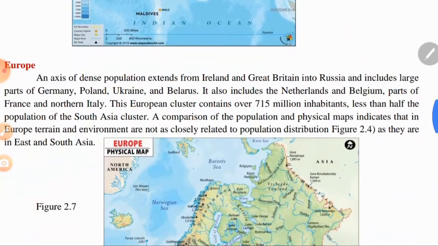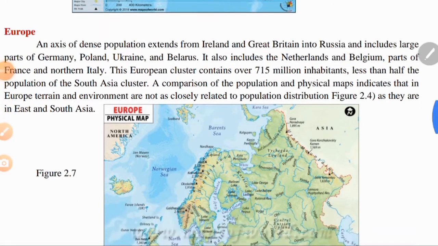In Europe, an axis of dense population extends from Ireland and Great Britain into Russia and includes large parts of Germany, Poland, Ukraine, and Belarus.